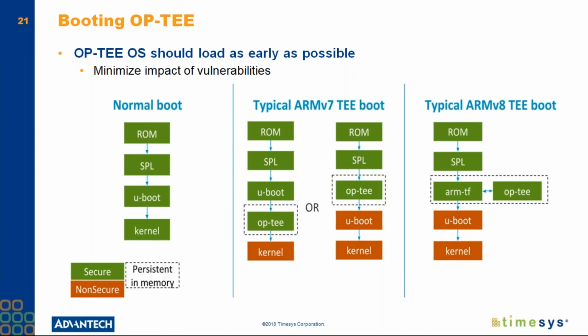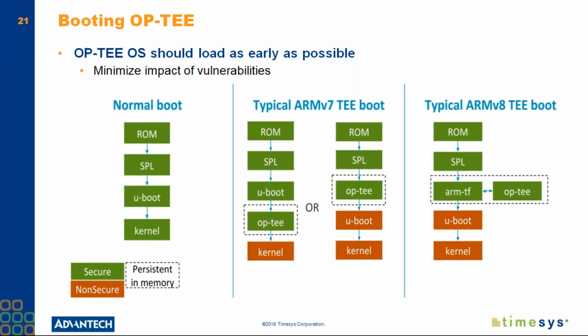Once we involve a secure operating system, the ROM code loads SPL, SPL loads U-boot, U-boot can then load Opti and the Linux kernel. Once it loads both of these binaries into memory, it can then jump to Opti. Opti would do whatever initialization is required in the secure world and then do a context switch to the normal world and hand control over to the Linux kernel, which would then continue the boot process.